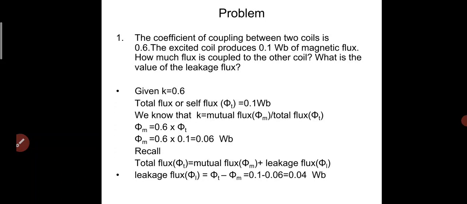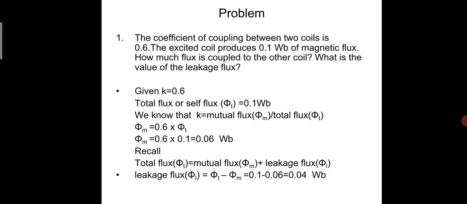The excited coil produces 0.1 Weber of magnetic flux. How much flux is coupled to the other coil? What is the value of the leakage flux?